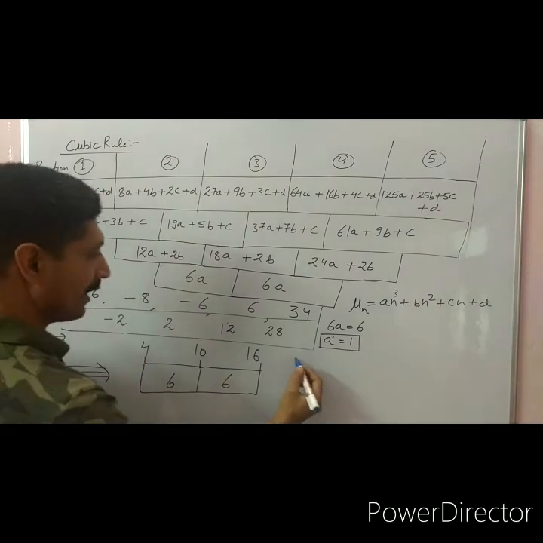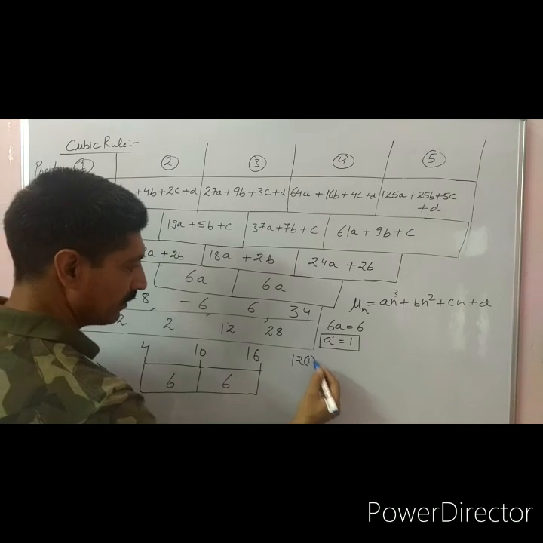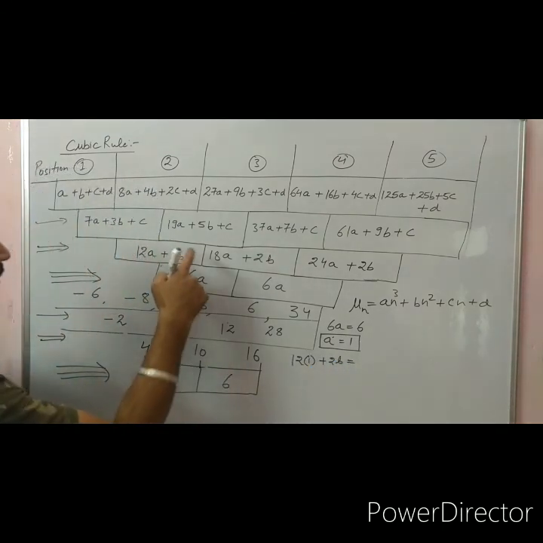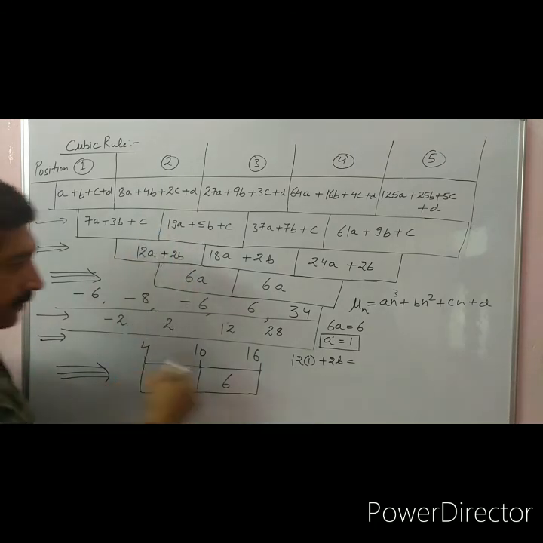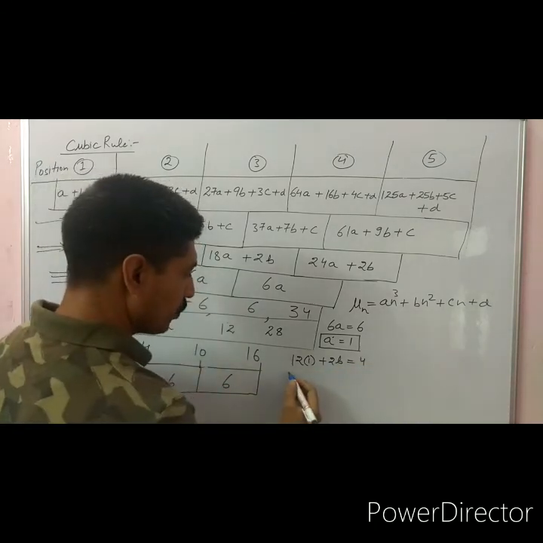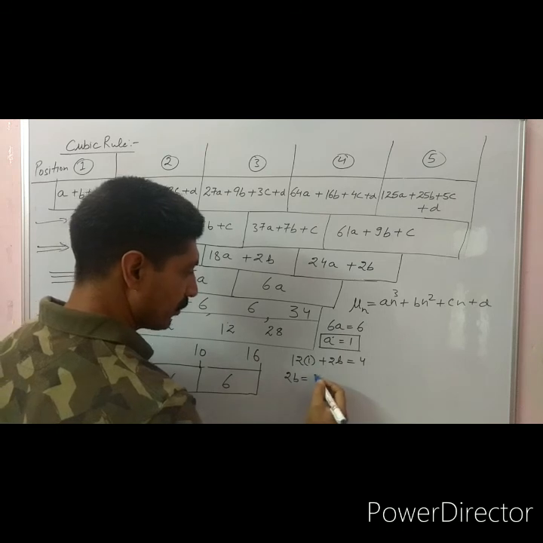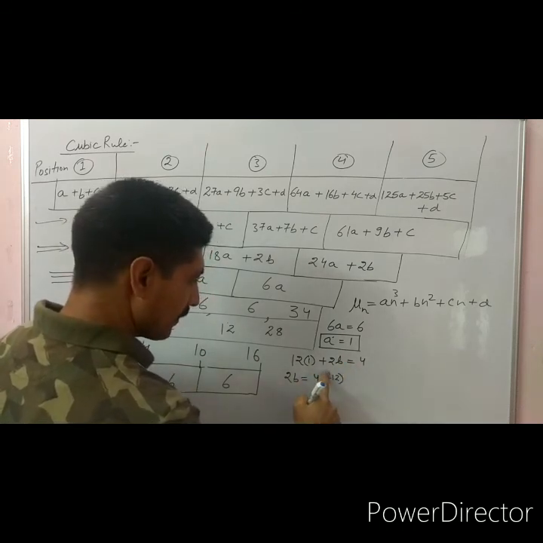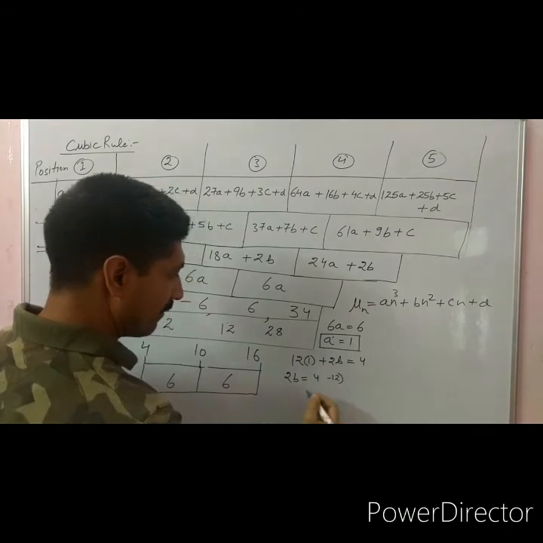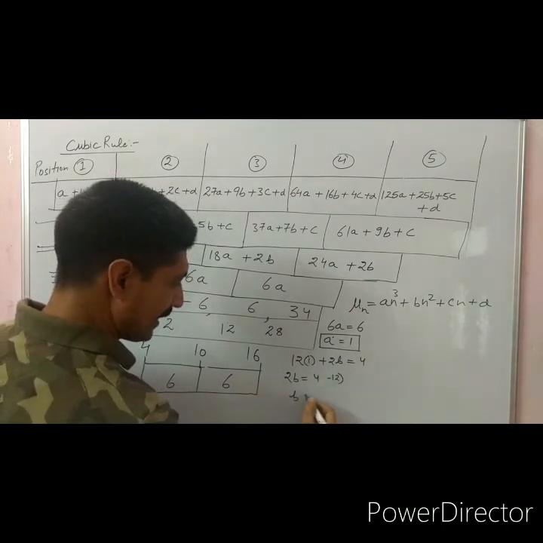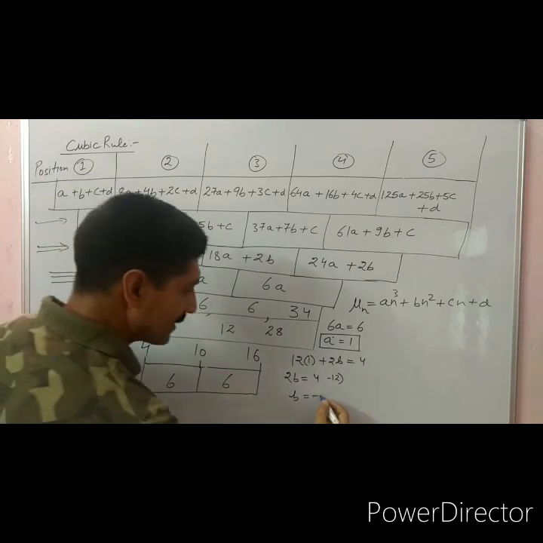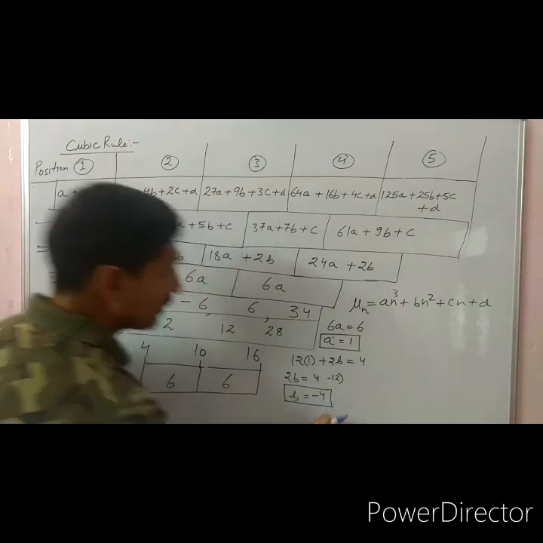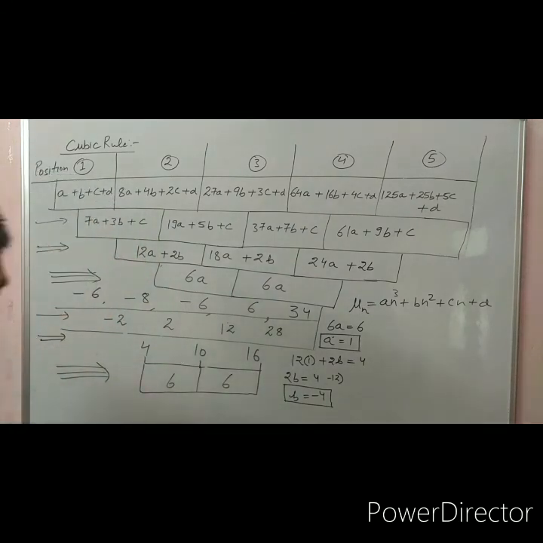With a as 1, 12 plus 2b is equal to 4. So 2b is equal to 4 minus 12, that is minus 8, and b is equal to minus 4. So the value of b is minus 4.